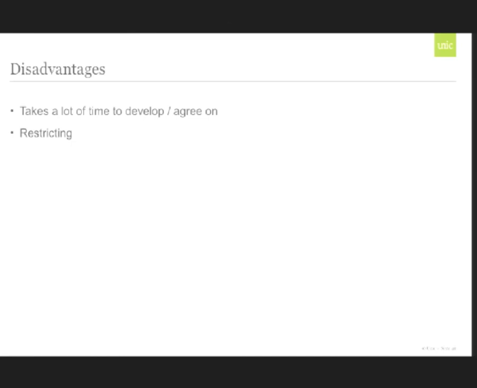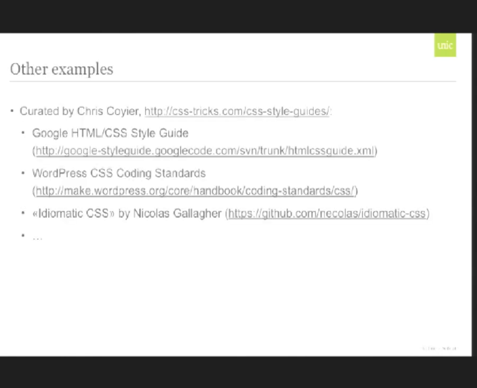So I really advise you to take this time, discuss which kind of style guide you want to use, and then be strict about it. There are different possibilities. Chris Coyier recently had a pretty impressive list. Those are just three of them, just as some examples.